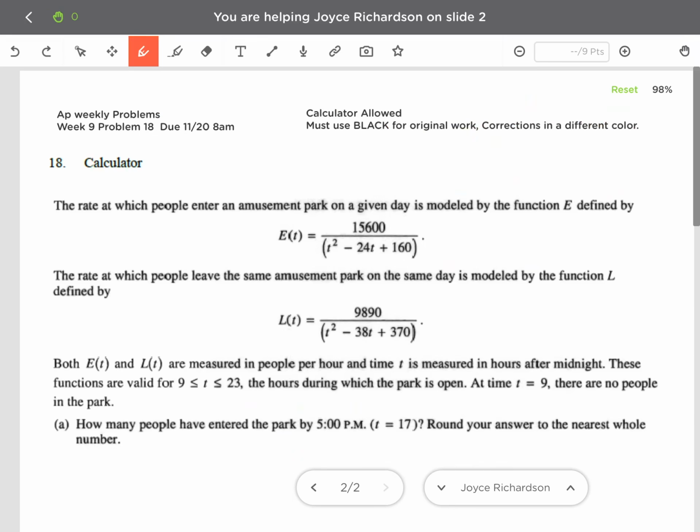Next one is people who are in line at the amusement park, or sorry, they're entering the amusement park and then they're leaving the amusement park.